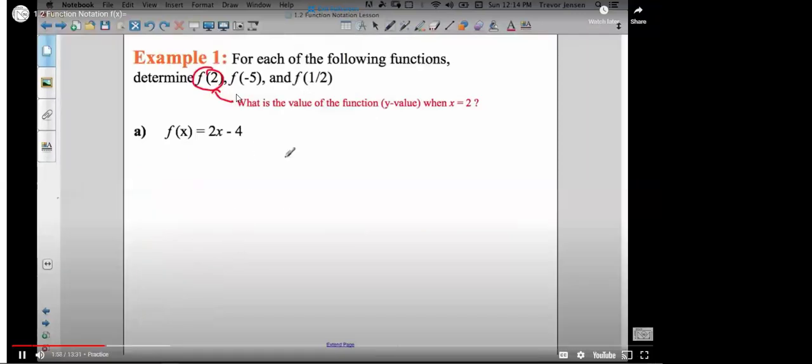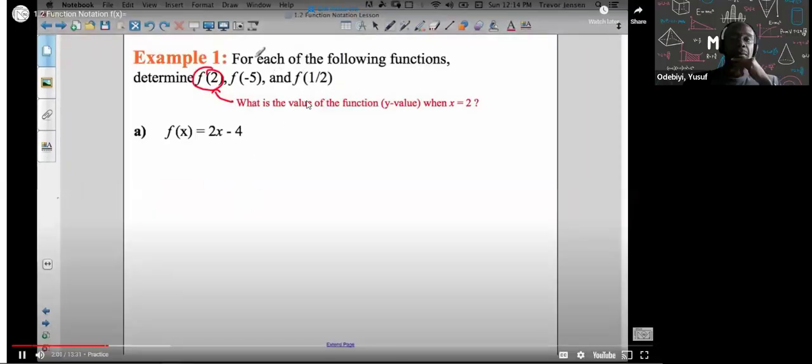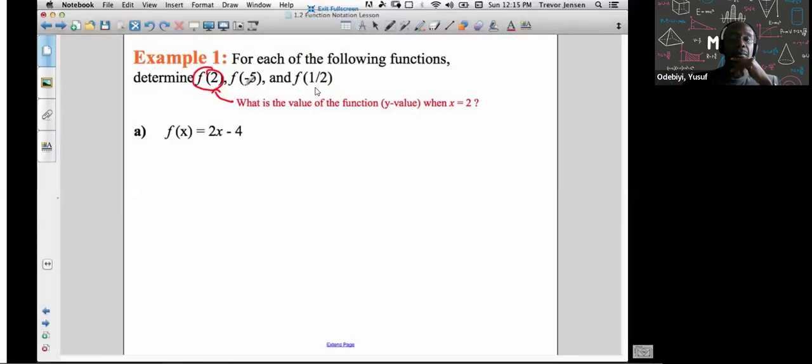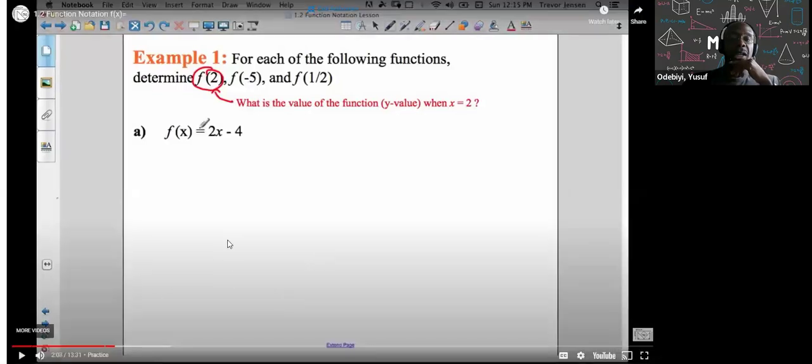So let's practice using this notation. The question says, for each of the following functions, determine f at 2, f at -5, and f at a half. So what you're doing here is, what is the value of the function, right? Basically, what's the y value at these values?